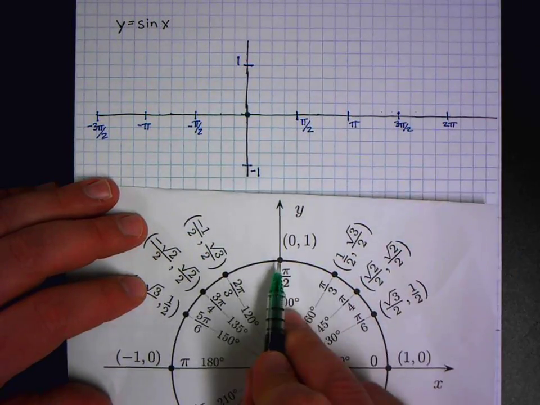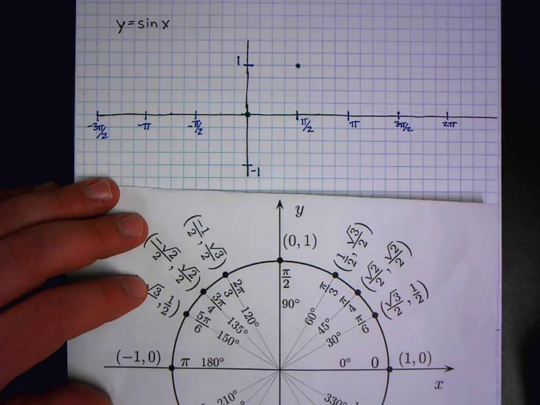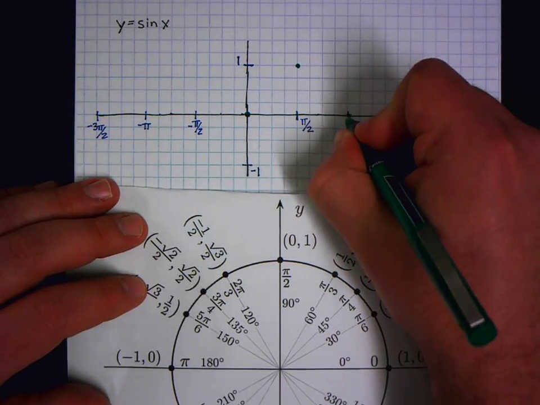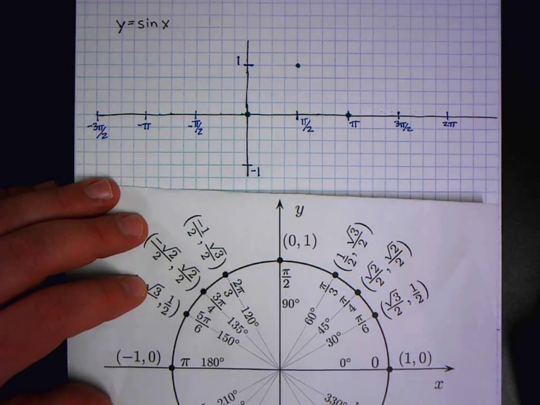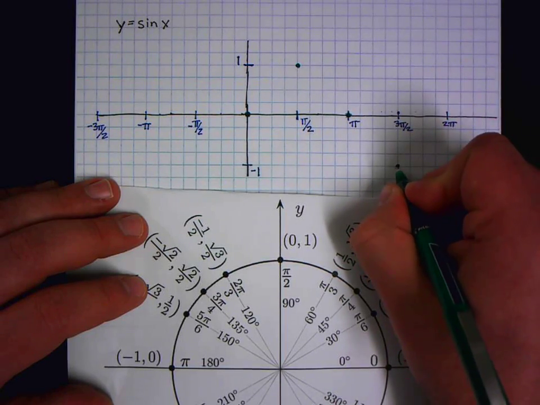Okay, at pi over 2, what does sine equal? Okay, at pi, what does it equal? Nope, 0. At 3 pi over 2, what does it equal? And at 2 pi?